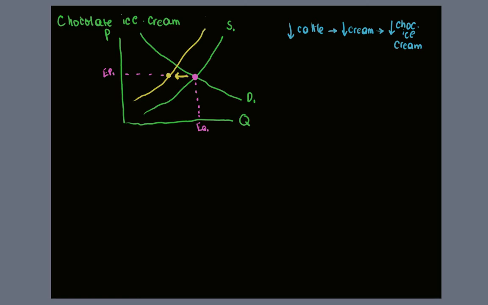So I want you to consider where we are at this moment in time. Let's come down to our equilibrium quantity. Our original equilibrium quantity was where the quantity demanded of chocolate ice cream equaled exactly the quantity supplied. That is equilibrium. Now we have a case where the supply has moved. So now the supply is no longer here. The supply has actually moved over to the left.